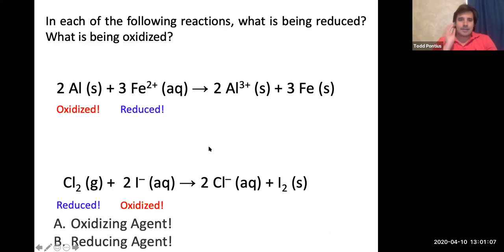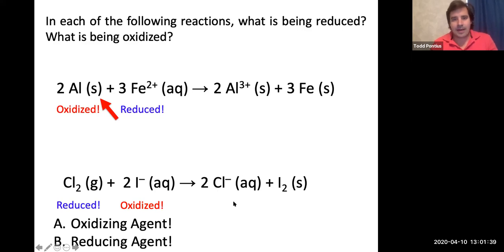So up next, just by the naming convention, will we call aluminum the oxidizing agent or the reducing agent here? Okay, this is looking good. Please get your answer in 3, 2, 1, and 0.